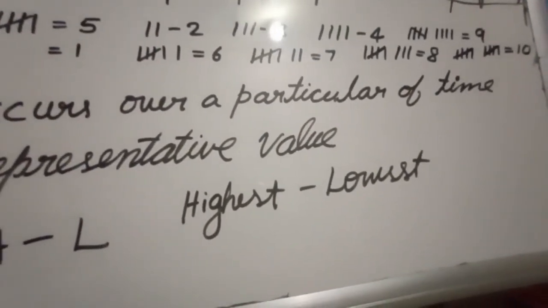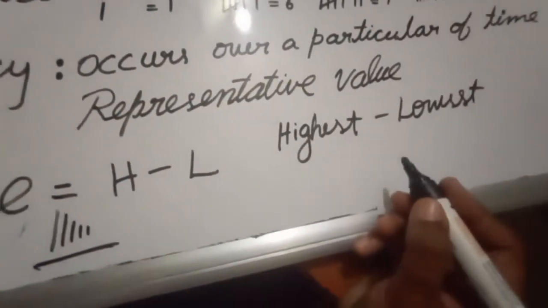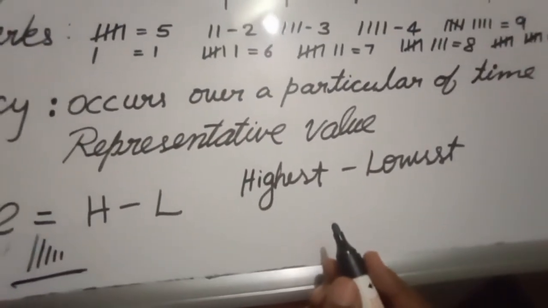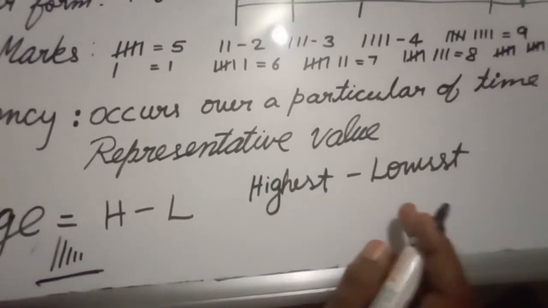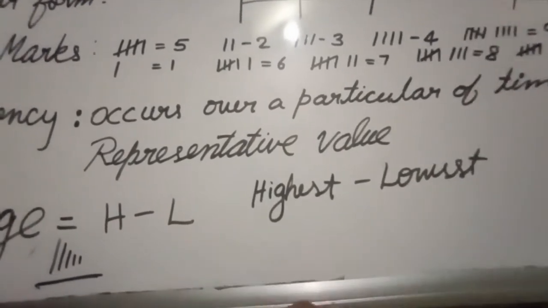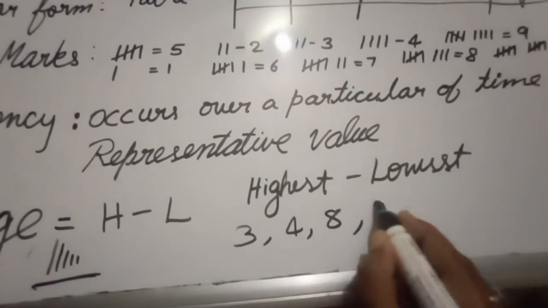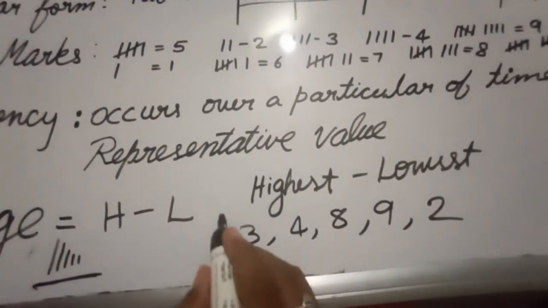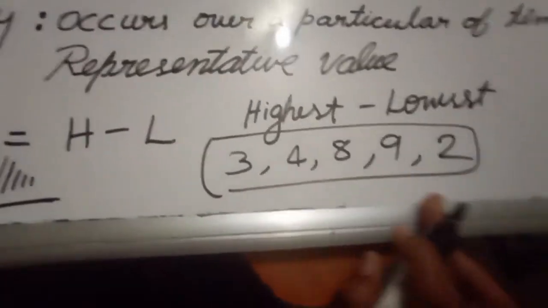Whatever the given data, you have to arrange it in one order, either ascending order or descending order. You can write the data, then you have to find the range. For example, the collection of data is 3, 4, 8, 9, 2. We have to find out the range of this.